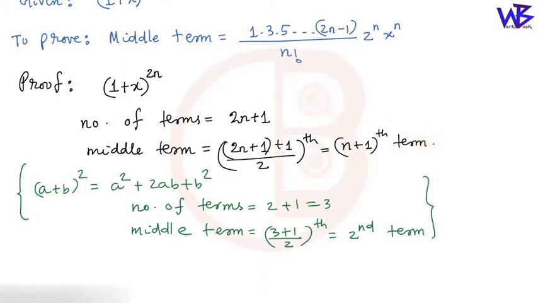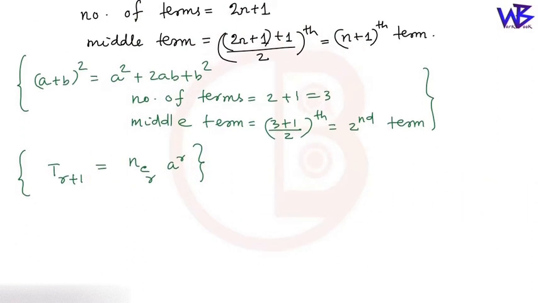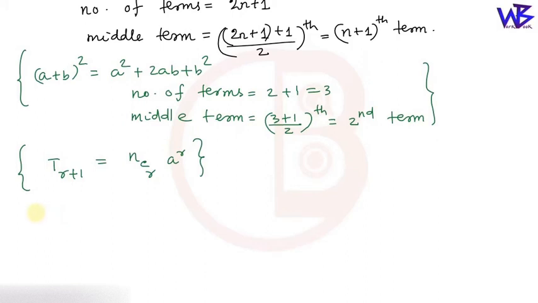Now, as per the binomial theorem, the general term, or the (r + 1)th term, for the expansion of (1 + a)^n is given by nCr a^r. Here, in place of n we have 2n, and in place of a we have x. So T(r+1) for the expansion of (1 + x)^(2n) will be 2nCr x^r.